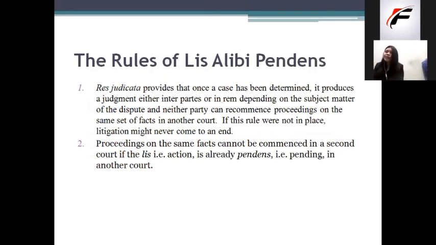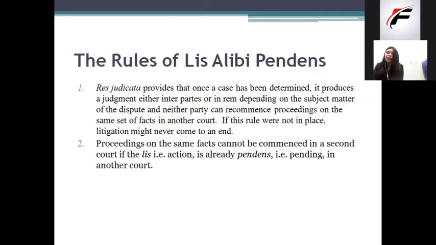Because of the rule of res judicata, which provides that once a case has been determined, it produces a judgment either inter partes or in rem, depending on the subject matter of the dispute, and neither party can recommence proceedings on the same set of facts in another court. If this rule were not in place, litigation may never come to an end.